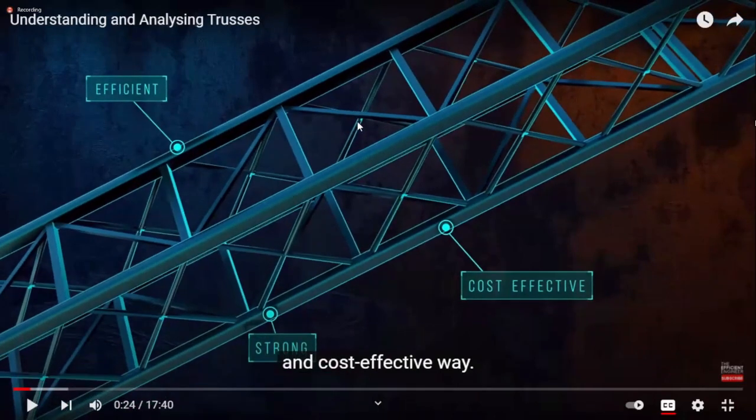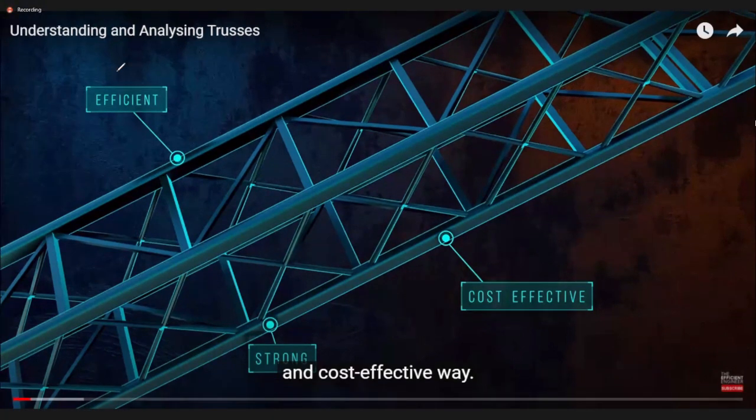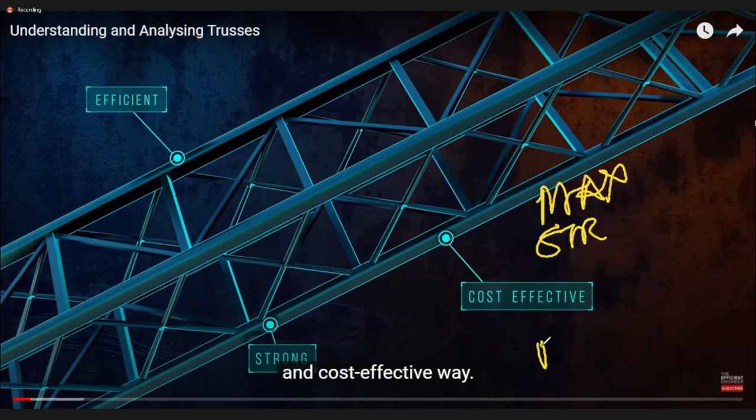This is a main advantage of a truss. It can give us maximum strength with a minimum of material or mass or weight.